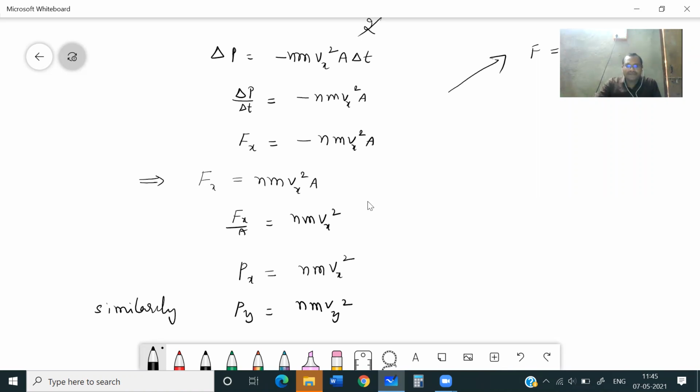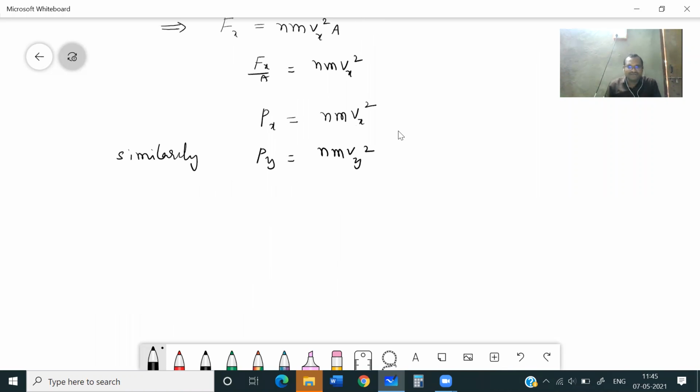And along z-axis also same will be there. What is that? n m vz square. Now, as we know that any gas will exert pressure in all directions equally. Means px, py, pz, pressure in all directions will be same.